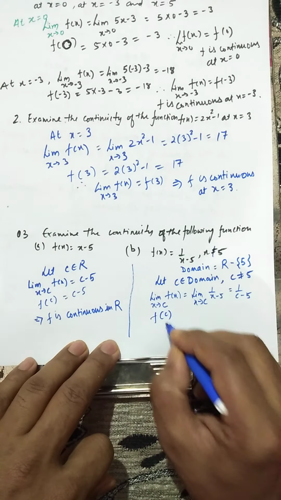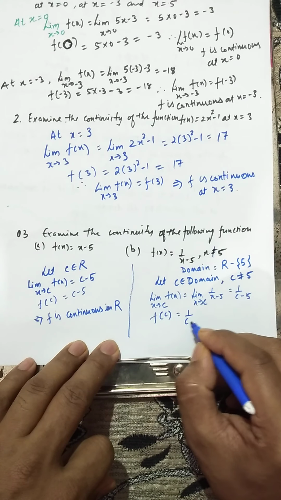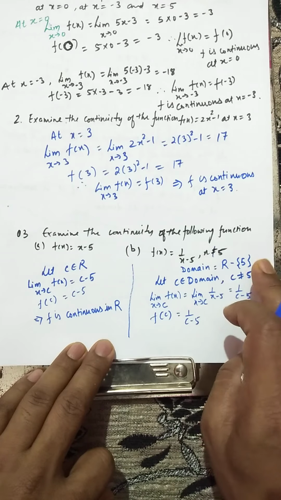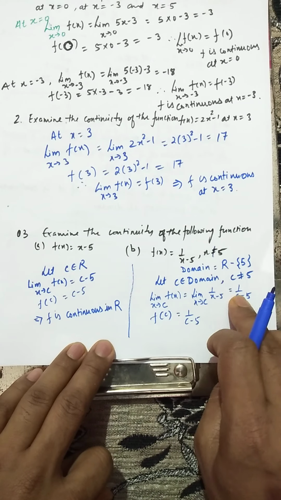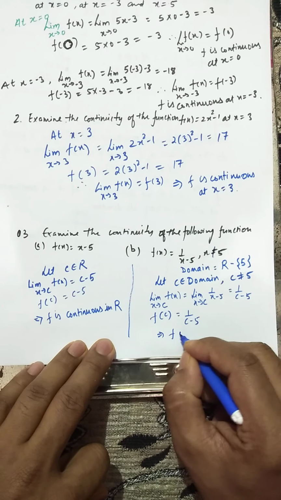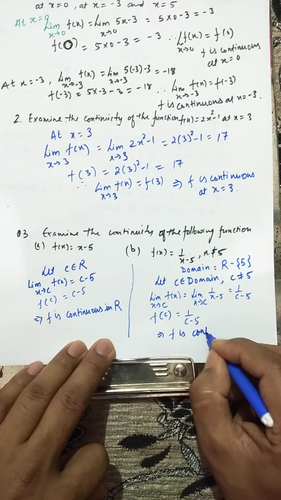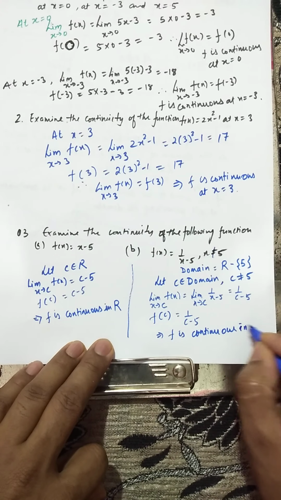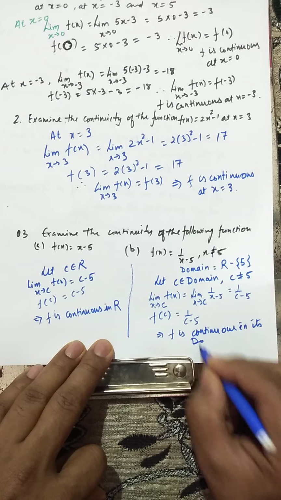Similarly, put the value f(C), then it again becomes 1 upon C minus 5. So whatever the value of C in this domain, these two values will always remain the same. So it implies that f is continuous in its domain.